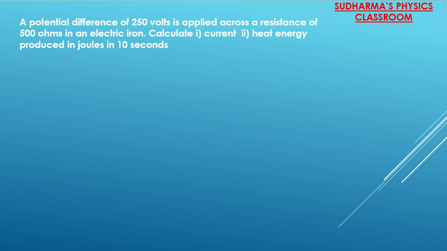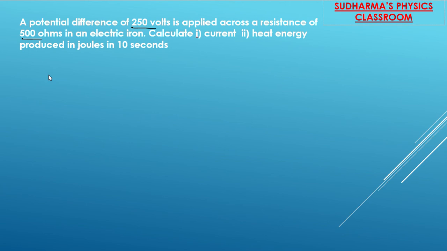Okay, a potential difference of 250 volt is applied across the resistance of 500 ohms of an electric iron. Calculate the current and heat energy produced in joules in 10 seconds. So we have already seen these kinds of questions, right? Let's start solving it.